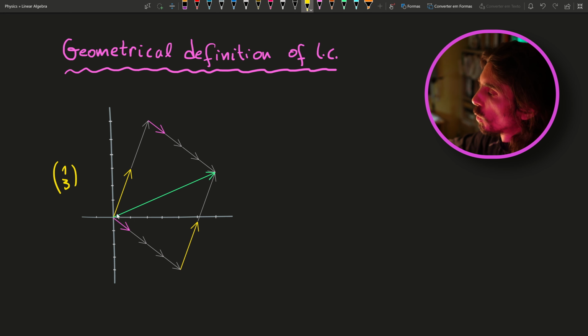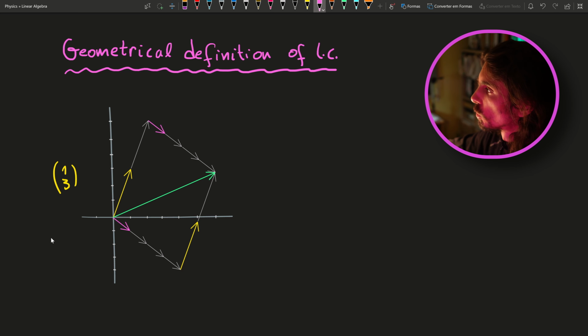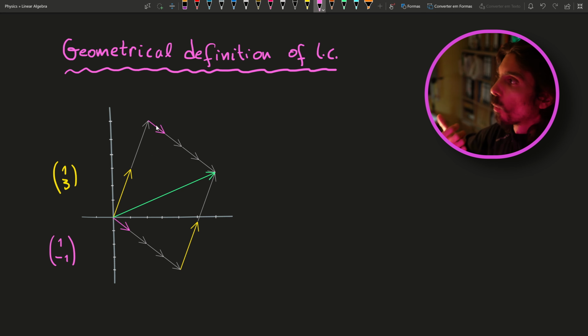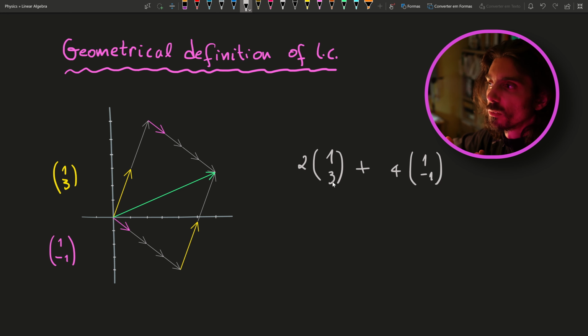We see also here a pink vector whose coordinates are 1 along the x-axis, and along the vertical axis it is minus 1. I want now to do the following linear combination: 2 times (1, 3) plus 4 times (1, minus 1). What does it mean to take twice the vector (1, 3)?